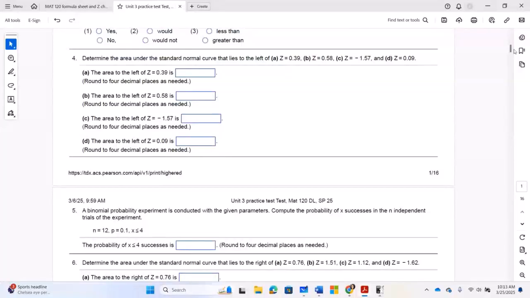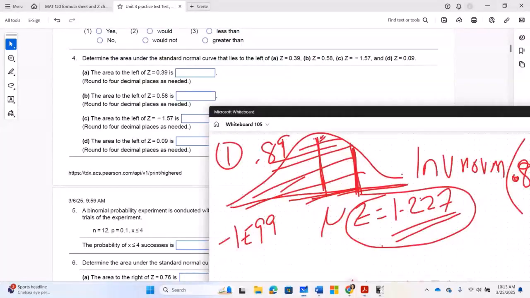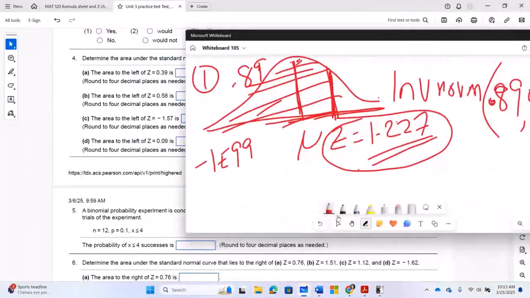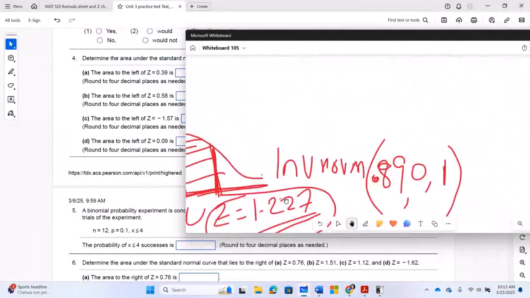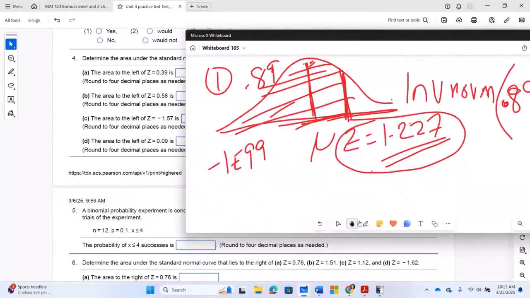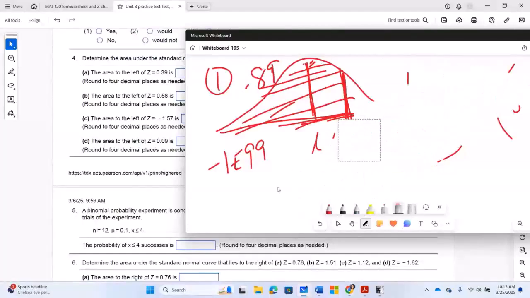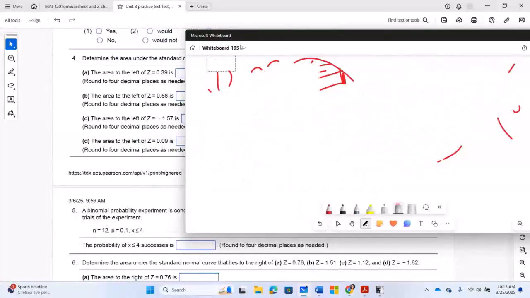What is the area under the standard normal curve? Before I do that, I want to clean up this board.